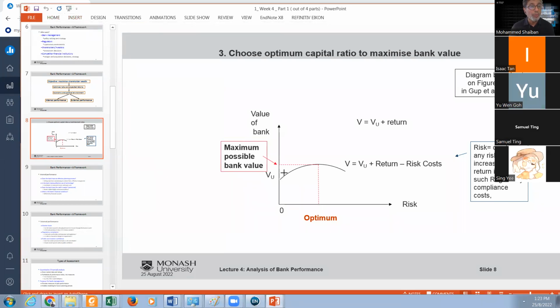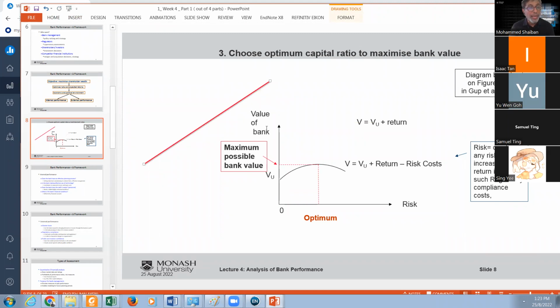If it is return alone, it will be like this. But actually, we take the risk, which is this one, and the return. Therefore, we don't take this red line. We take this quadratic, not this linear equation, because we want to increase the risk as we increase the return.